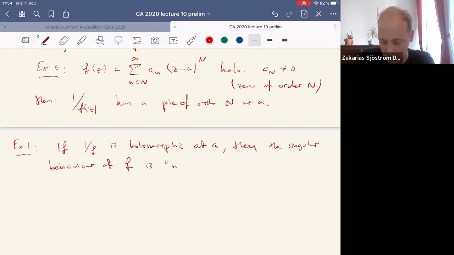Well, morally speaking, it's kind of nice. And what do we mean by nice? The not nice thing would be an essential singularity, and the nice thing would be a pole. So it would be a pole.